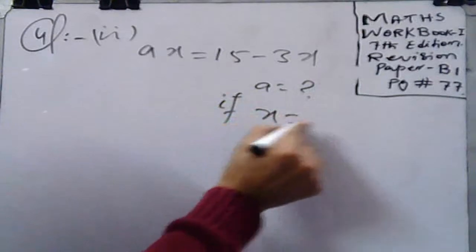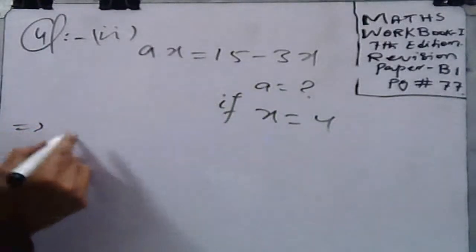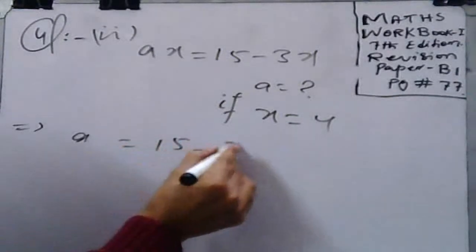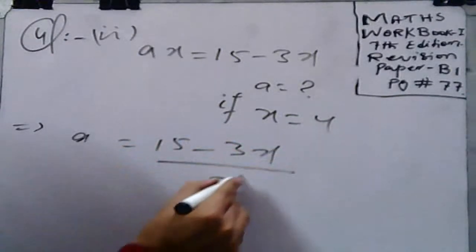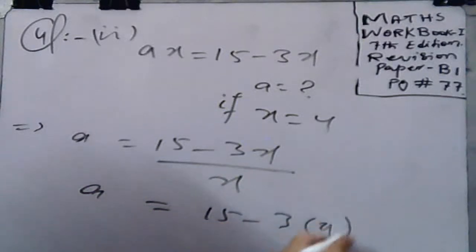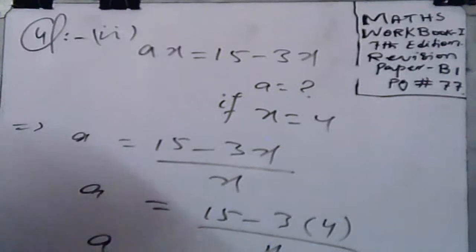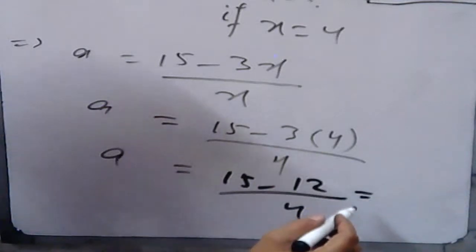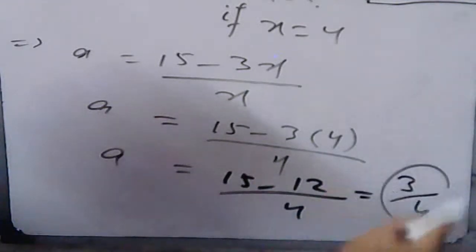By the same equation, we have to find the value of a. So a is equal to 15 minus 3x divided by x. Putting the values, x is 4. After simplification you will get 15 minus 12 divided by 4, so 3 by 4 is your required result.